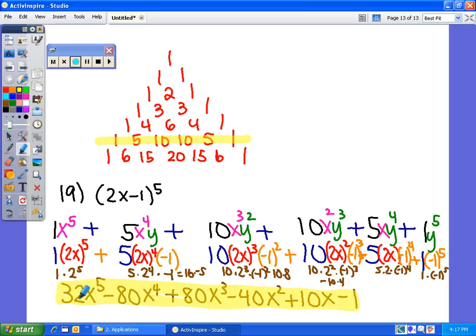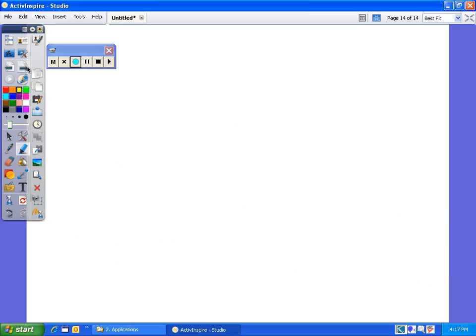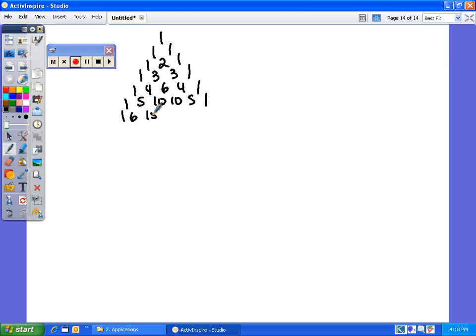Alright, so we have another expansion to do. Based on the fourth row, we have 3x, 2y to the fourth.